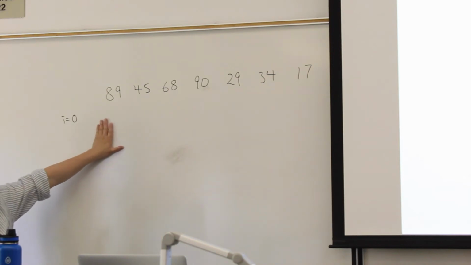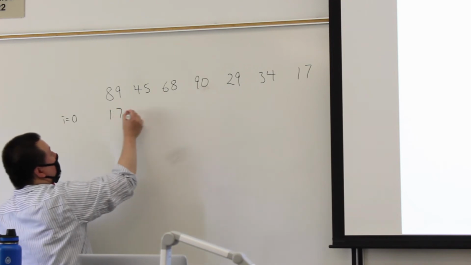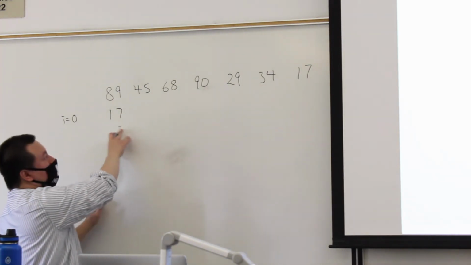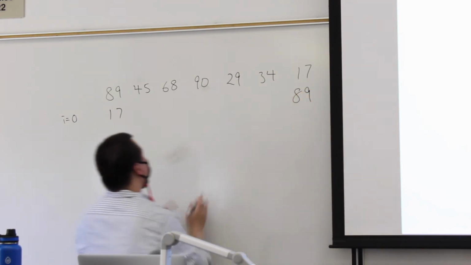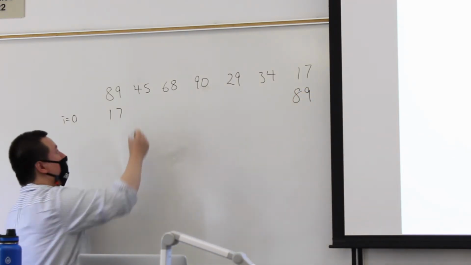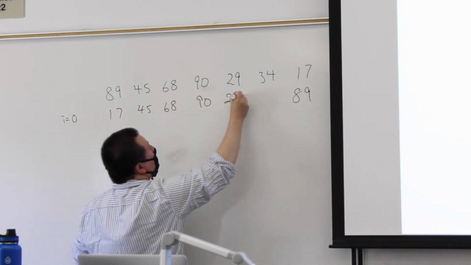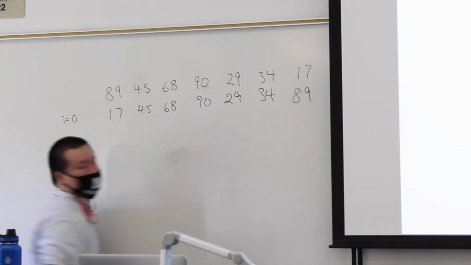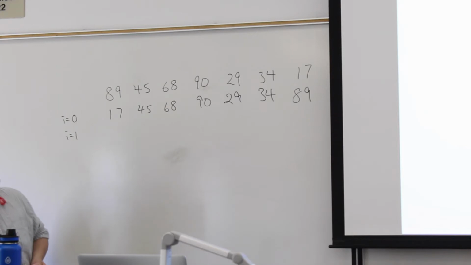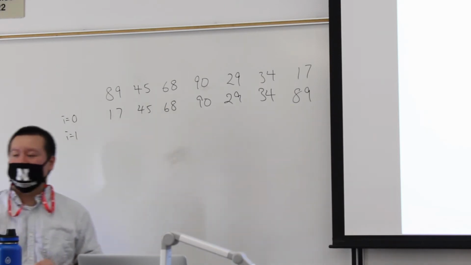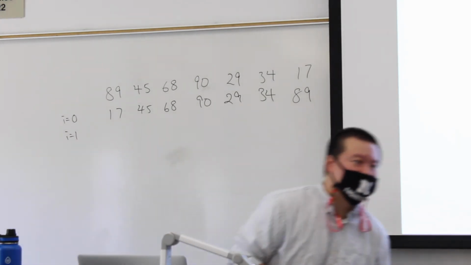After i equals 0, we swap 17 with 89, and I think everything else is going to stay. Okay, i goes to 1. I'm going to swap 29 with 45.